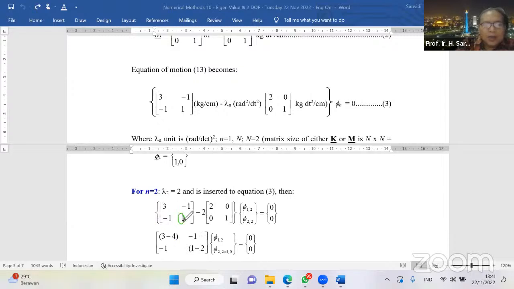Next, this one -2 -1 becomes here. This already becomes 1 because we assume the roof moves as 100, the reference, the space reference point.